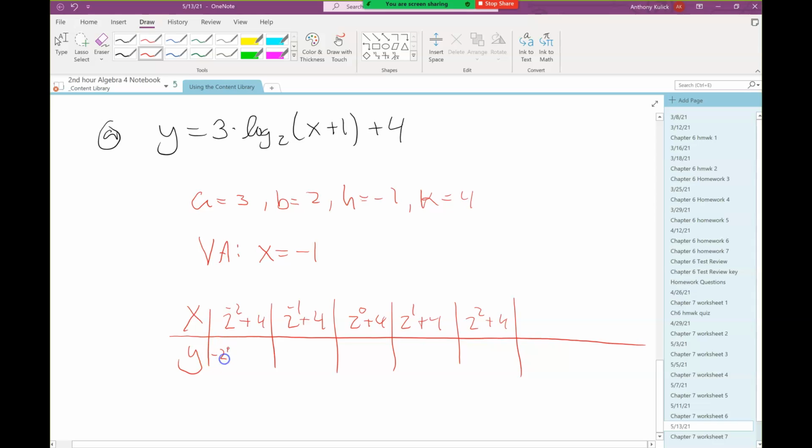Oh my goodness, sorry. We're supposed to be adding h. And adding negative 1 is the same as subtracting negative 1, so just skip the plus symbol. Sorry about that, guys.